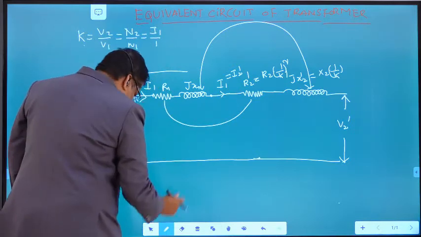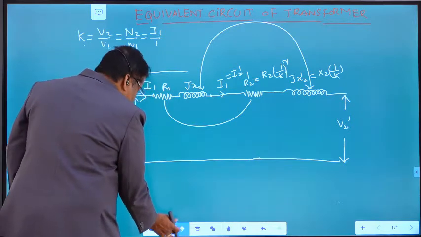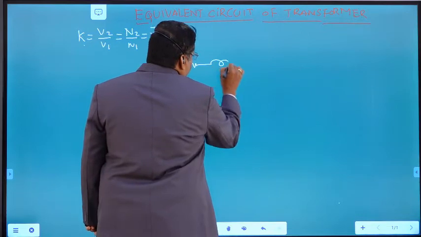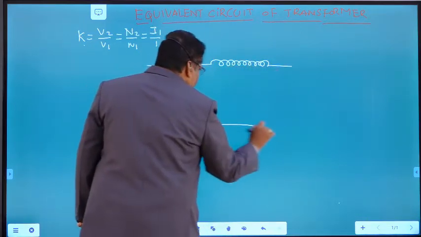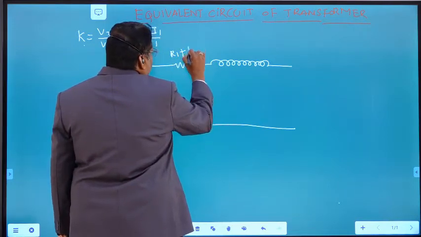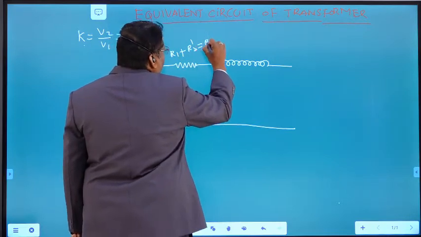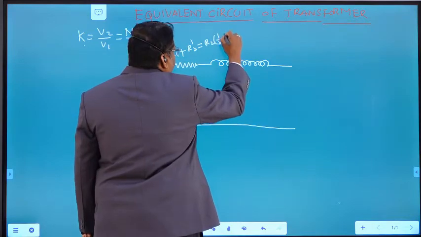Redrawing it separately, this is the resistance and this is the leakage reactance. This resistance equals R1 plus R2 dash, where R2 dash equals R2 into 1 by K square.